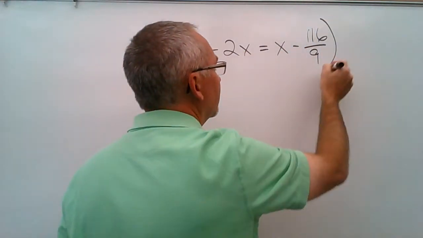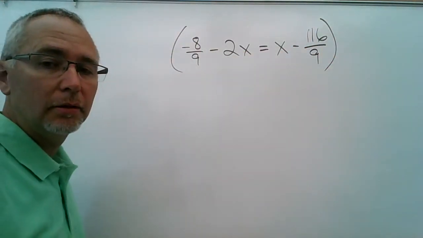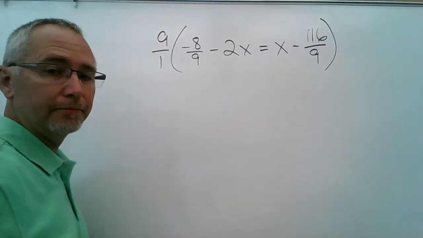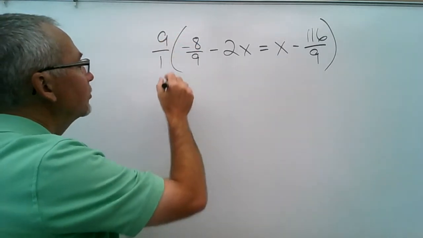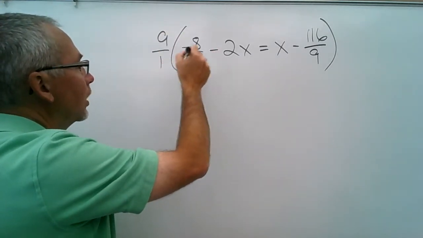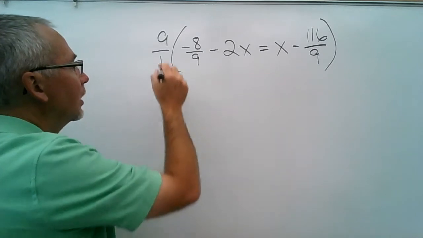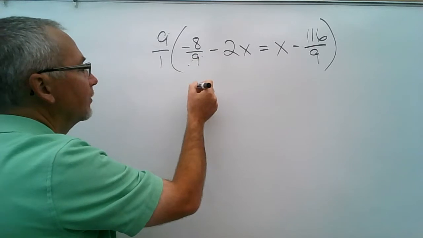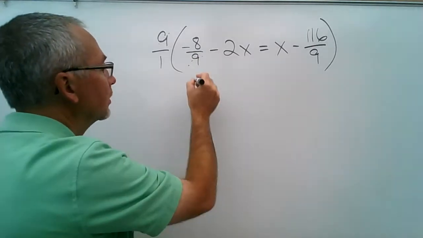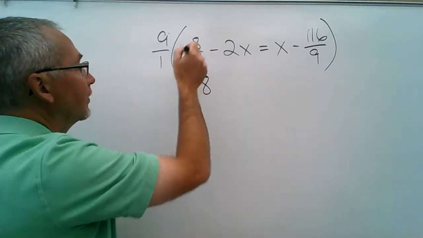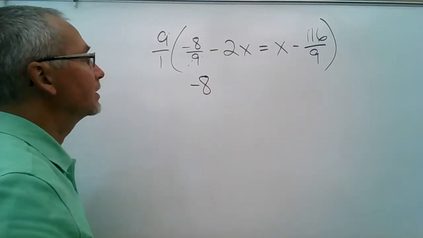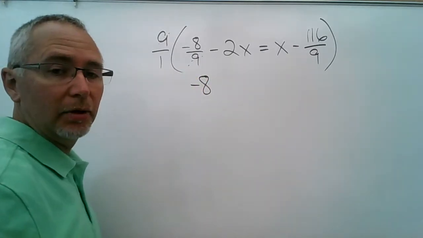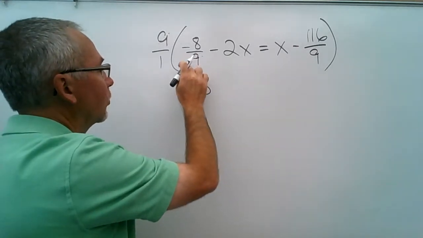And what I can do is I can multiply my entire equation by that common denominator, or in this case, 9 over 1. So if I was to multiply 9 over 1 times negative 8/9, I can imagine that I'm going to cross cancel the 9s, and I'm left with negative 8 over 1, which is just negative 8. Another way to think of that is to multiply 9 times negative 8, which is negative 72, divide it by 9, and that would give me negative 8 as well.